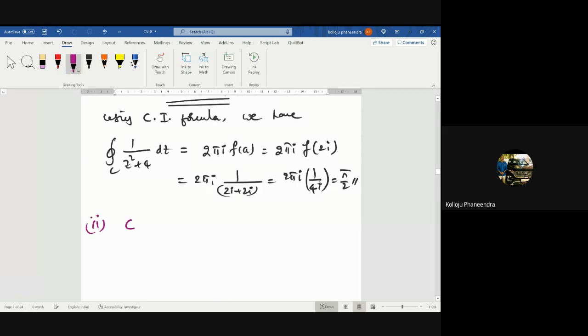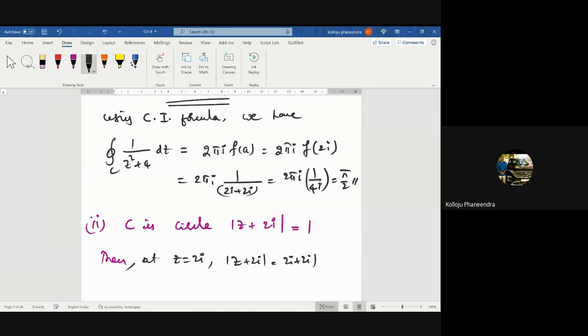What is the second one? C is the circle, what is that? Mod z plus 2i equal to 1. Then at z equal to 2i, z plus 2i is equal to 2i plus 2i. That is 4i, equal to 4, greater than 1.